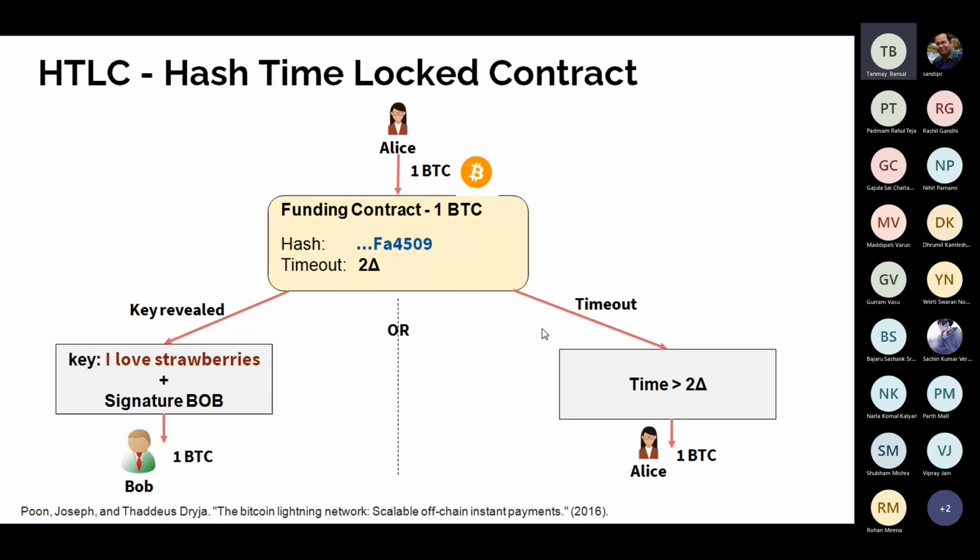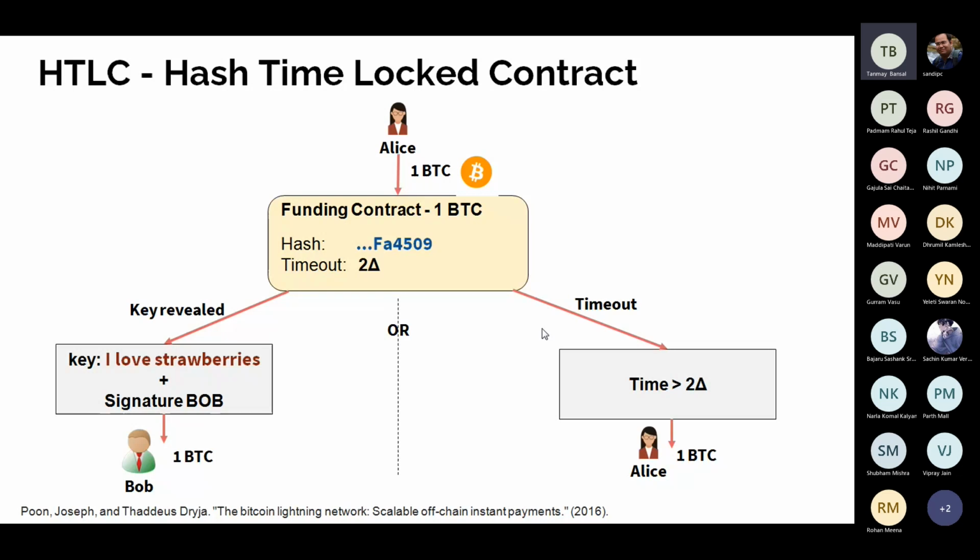Otherwise, you see that these are all going as transactions in the network, and Alice cannot claim back those Bitcoins. So for example, Bob is supposed to provide a service to Alice. Bob will sell a laptop to Alice.